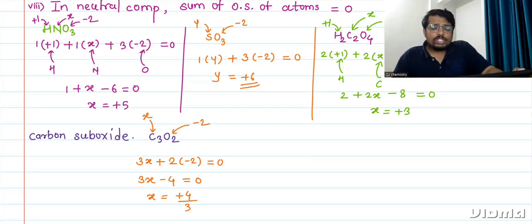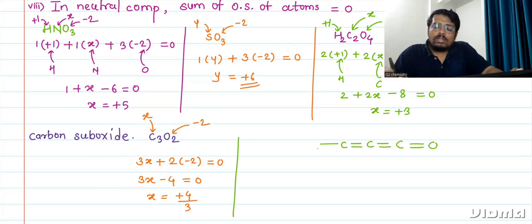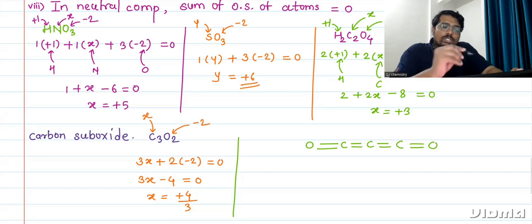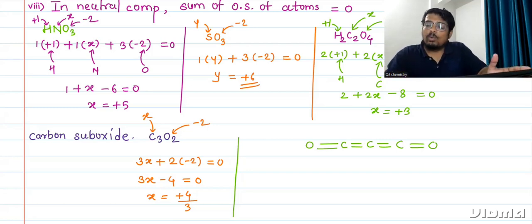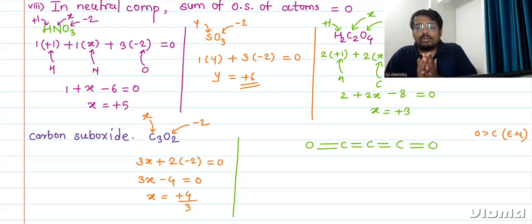Now let us calculate the oxidation state from its structure. This is the actual structure of carbon suboxide. Here, on dissociation, we know that oxygen is more electronegative in comparison with carbon. Because of the higher electronegativity of oxygen, when we dissociate the bond, we assign negative charge to the oxygen atom.